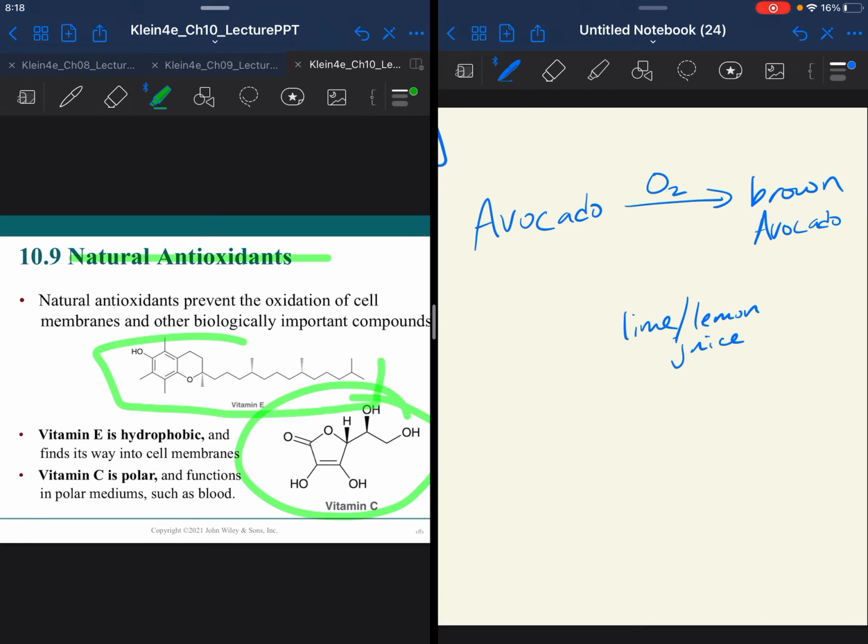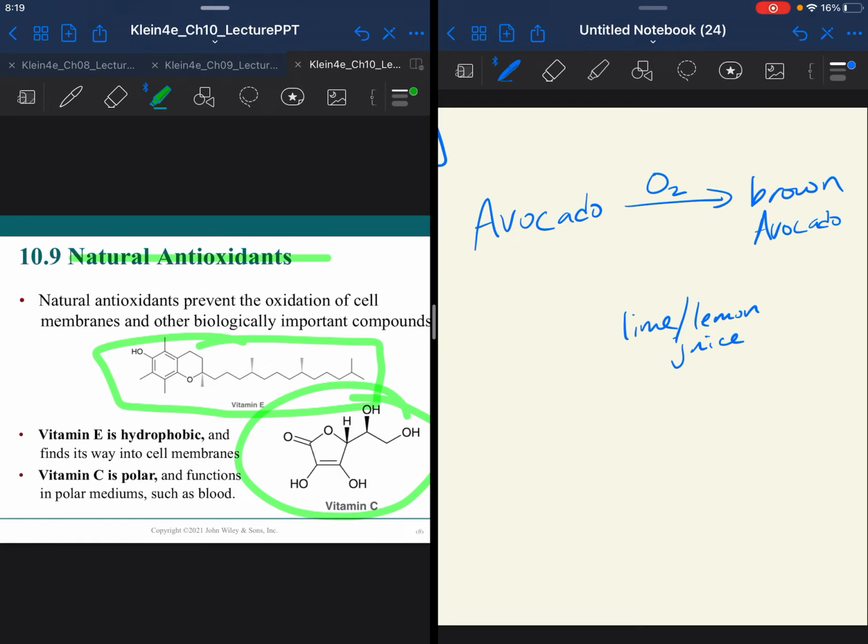Something like vitamin E, if you're familiar with that one, you know that's in a lot of skin and hair products. It's the same idea. It is to prevent aging. Antioxidants are good in anti-aging lotions and serums and whatnot, because again, it is a radical inhibitor.